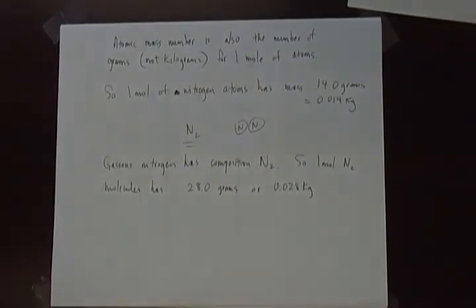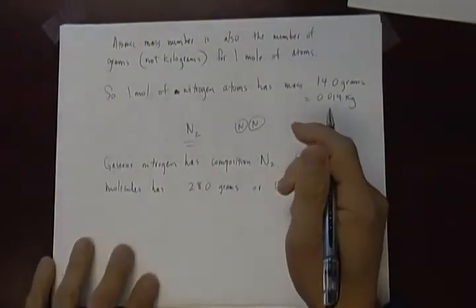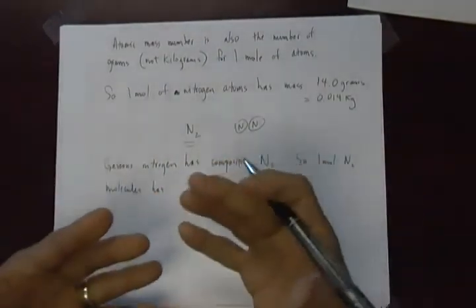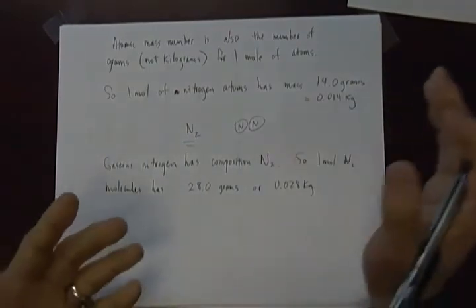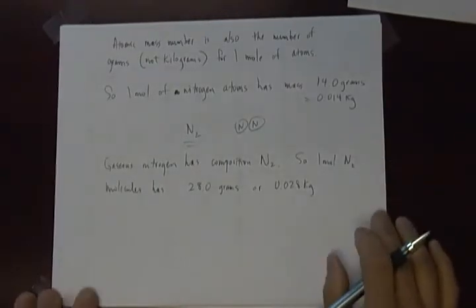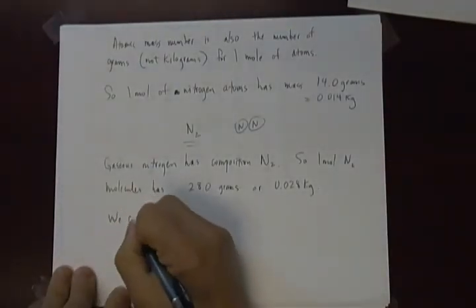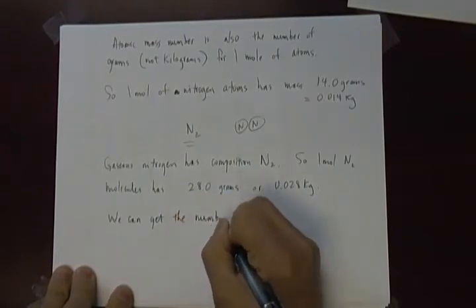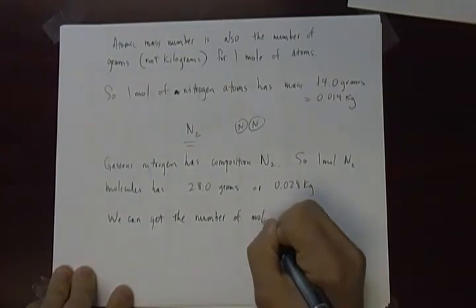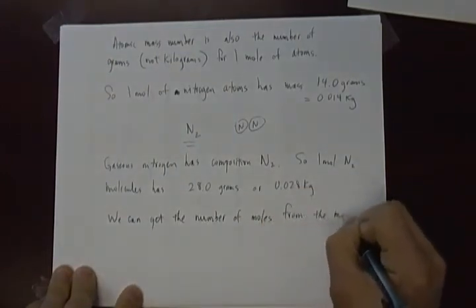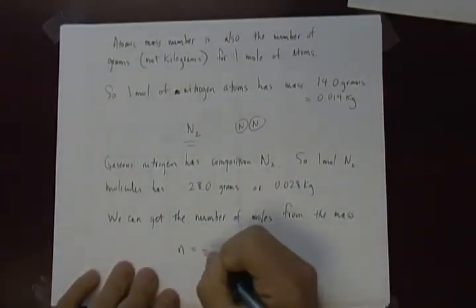Okay? So we can calculate the number of moles now in terms of mass. Suppose you were told we have X amount of grams of some material. We can calculate the number of moles quite straightforwardly now. So we can get the number of moles from the mass. Okay, how do we do that? We say, okay, so n is the number of moles.